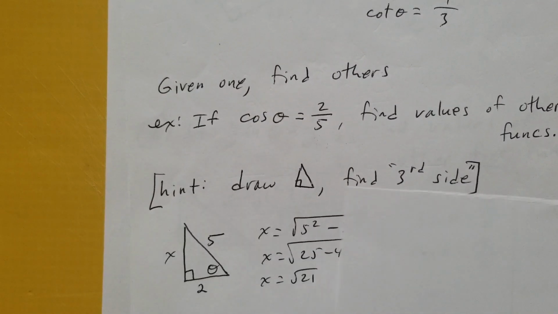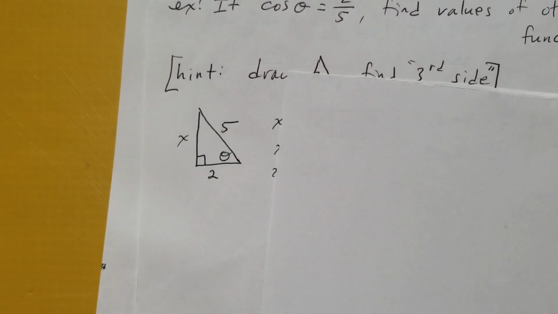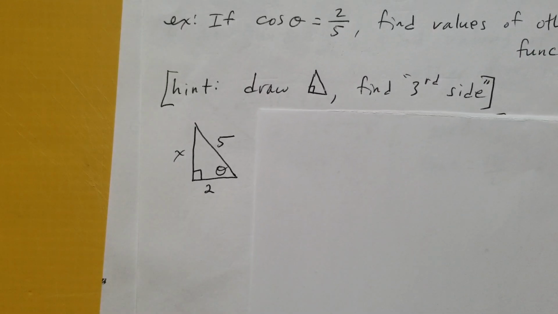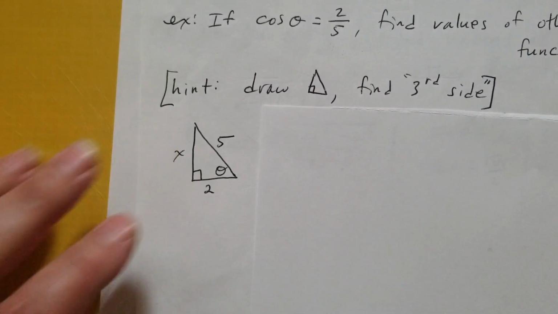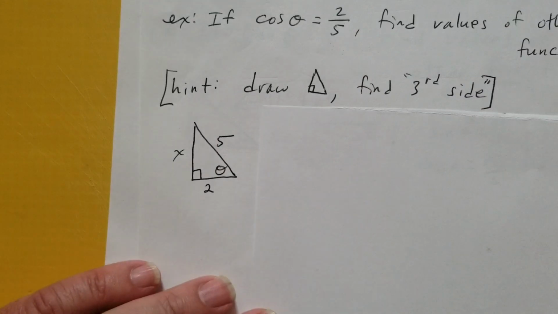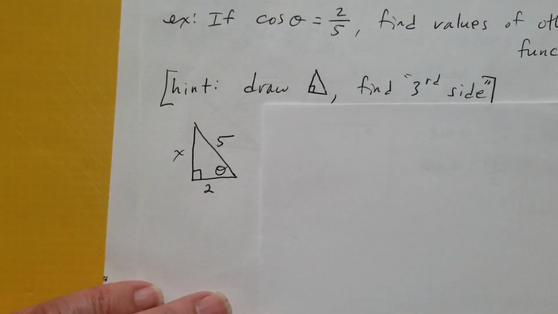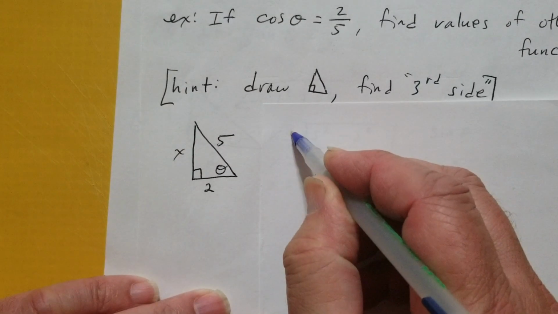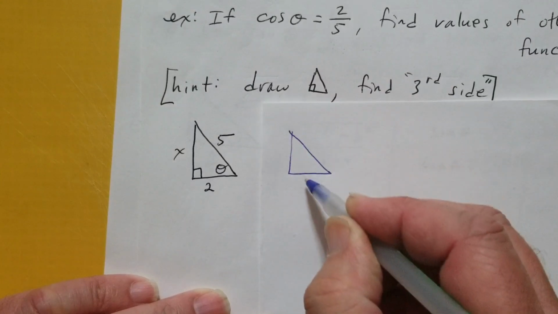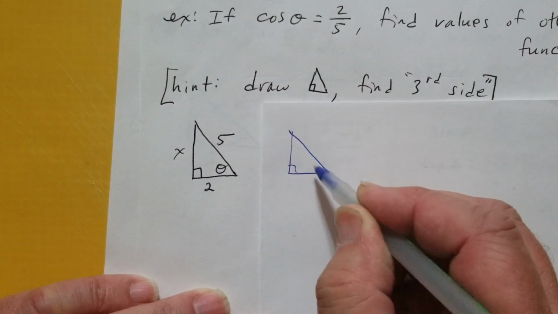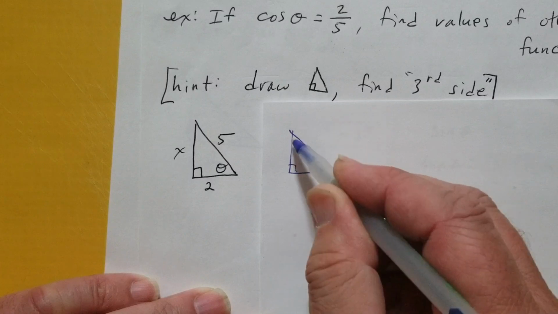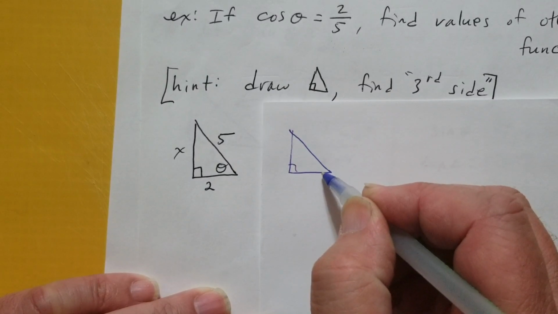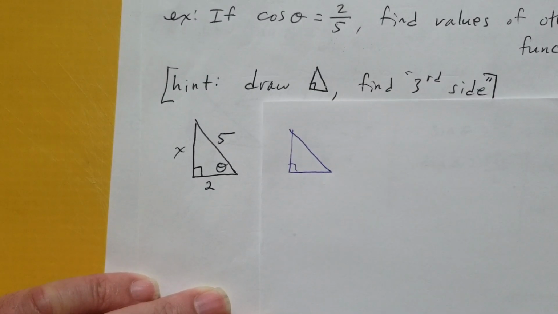A little good news. When you draw a right triangle, you can put the theta, the angle, either here or here. It doesn't matter. It'll still work out.